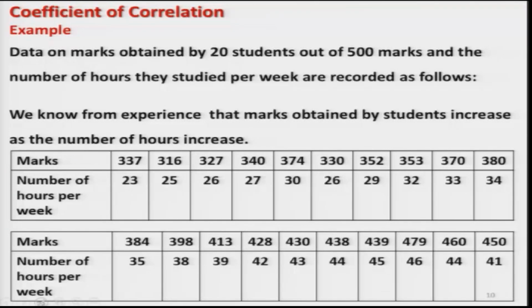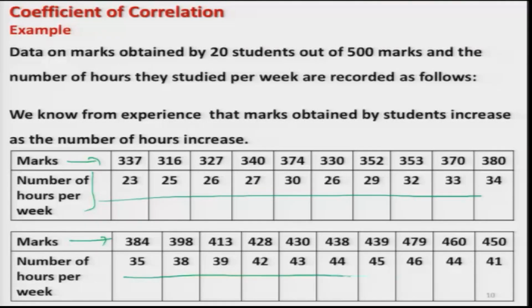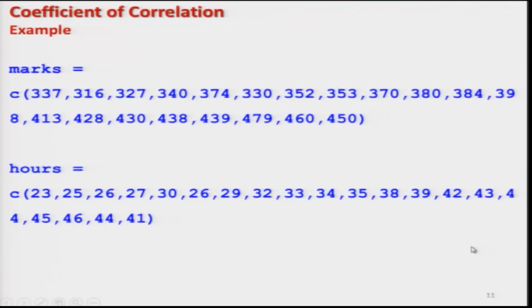So, we have recorded their marks in the first row in both the tables and the number of hours per week they studied here. Right, this is the same example which we have considered several times, and this data has been stored inside two variables, marks and hours.